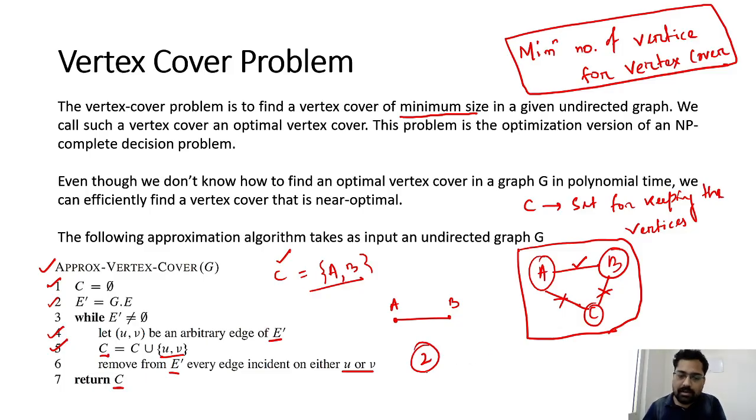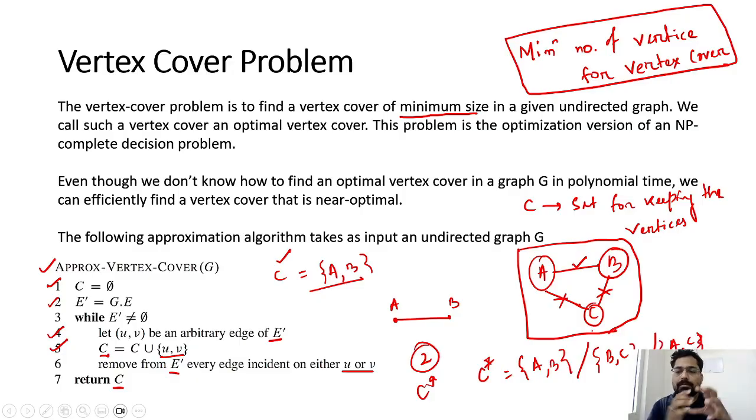If I write C star, C star could be the optimal set, which keeps either A, B, or B, C, or A, C.